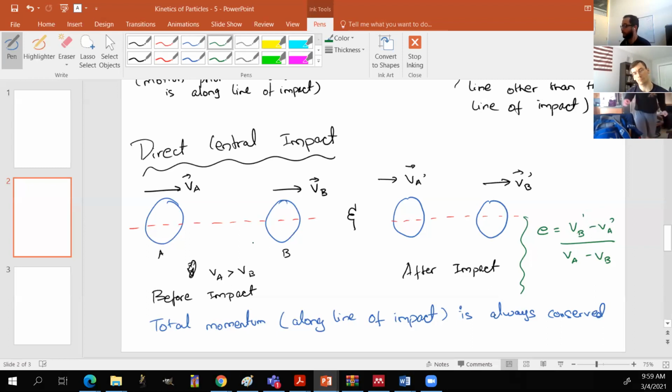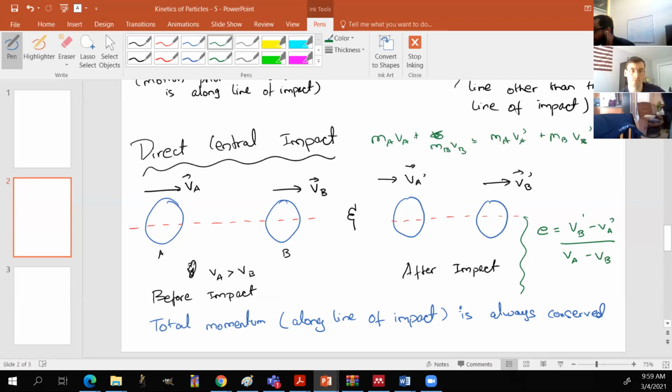If they're moving in different directions, your expression would look different. Right now, since they're moving in the same direction, your linear momentum expression would look like MA VA plus MB VB is equal to MA VA prime plus MB VB prime.